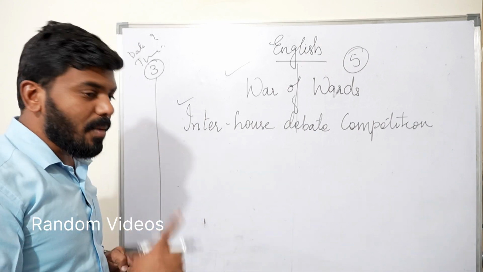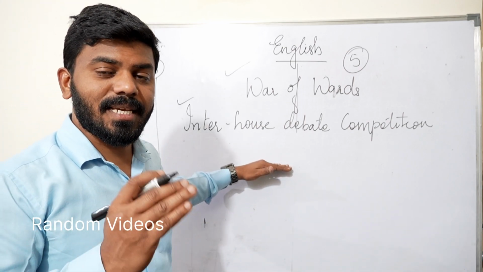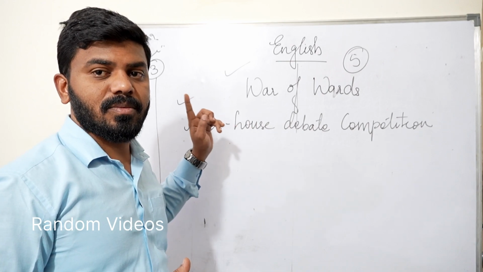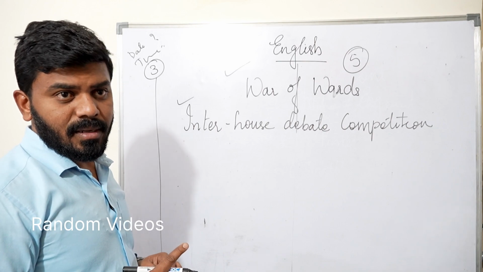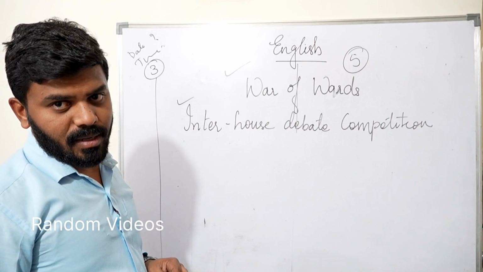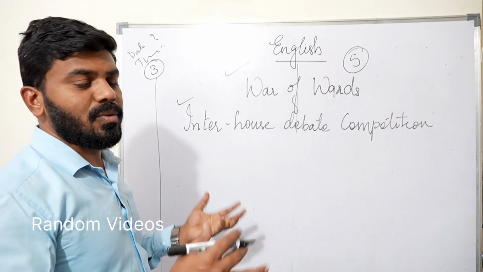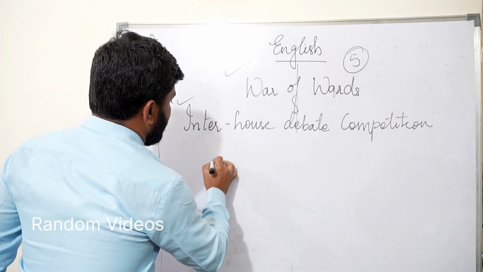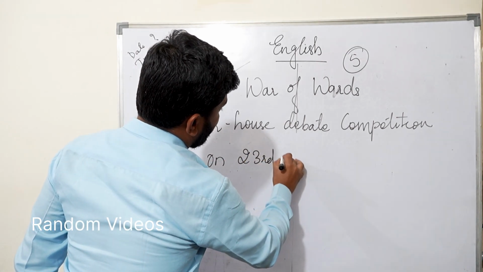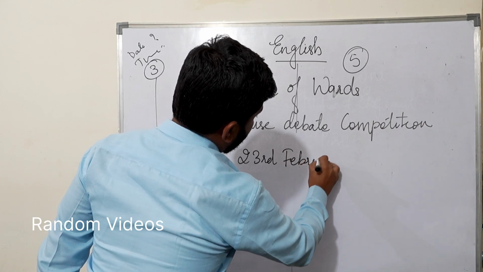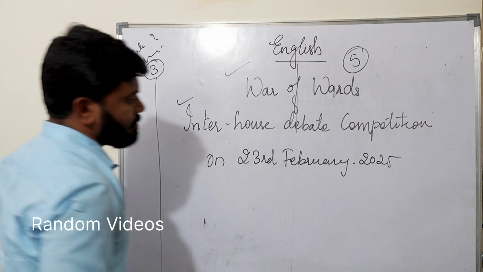The format of writing the date is exactly the same as what we have learnt in the letter. Imagine today is 9th February 2025. So you want to conduct that inter-house debate competition, and you write at least, let me write, 23rd February 2025.